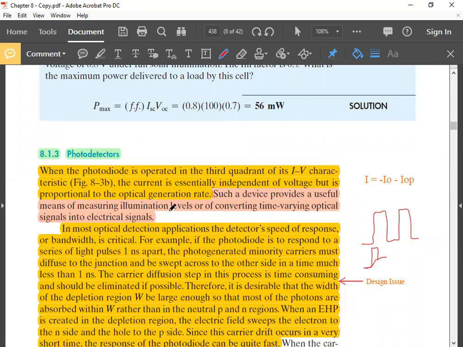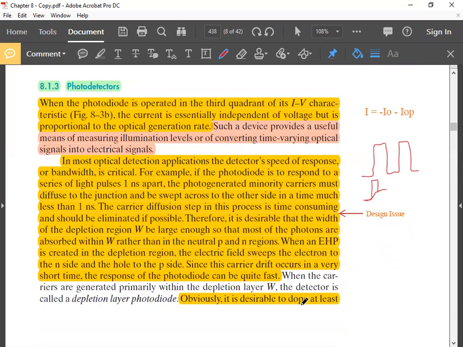We use light to send data. At the receiving end, there is some variation of light based on the data it's carrying. So you have to detect this variation of light to extract the data from the light. In that kind of situation, or also for measuring illumination level, these photodetectors are useful. There is a design issue here.